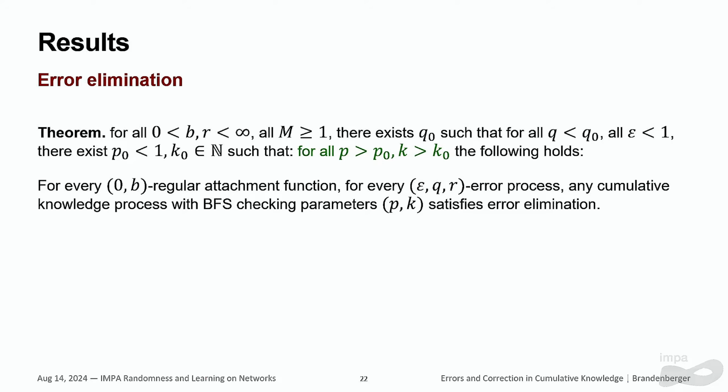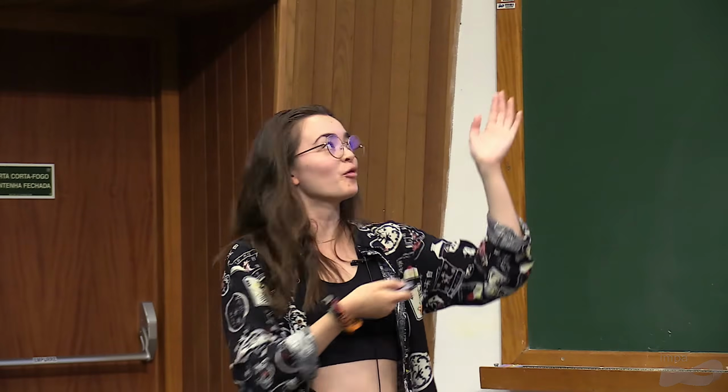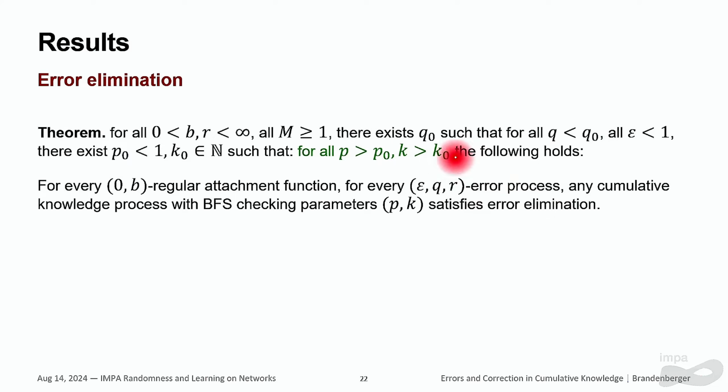And I will go into a little bit of the details of the proof when I talk about the proof details, let's say. And to give you a sense of the numbers here, we have concrete numbers for the threshold of P and K for which you actually have error elimination, but they depend on epsilon and all the other parameters.